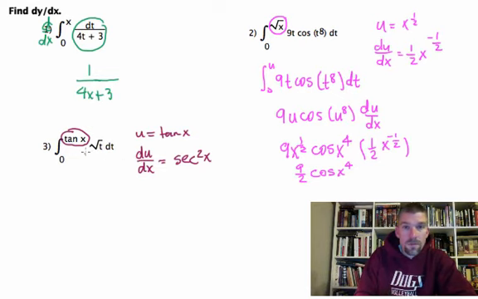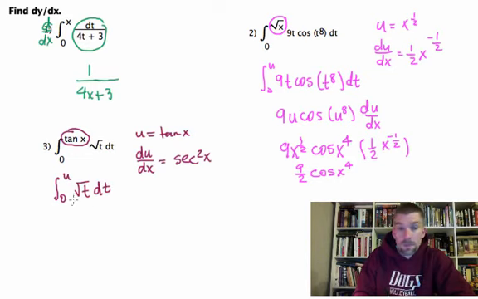Now when we use our fundamental theorem of calculus, we simply rewrite this guy from 0 to u square root t dt, and we replace. That's all we do. U goes into where the square root is, square root of u, dt becomes 1, so times du dx, okay, by chain rule.